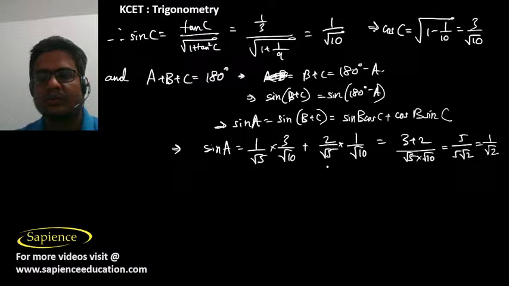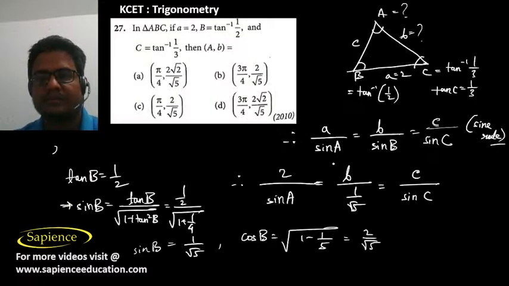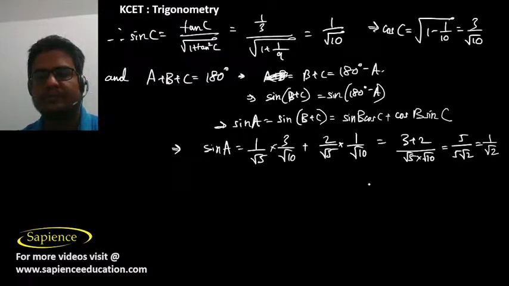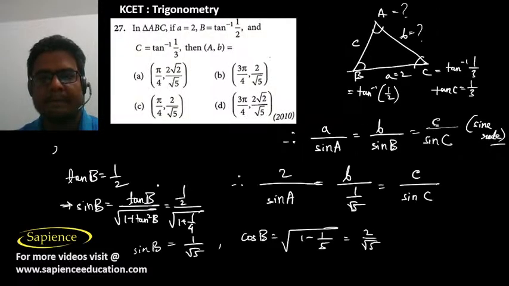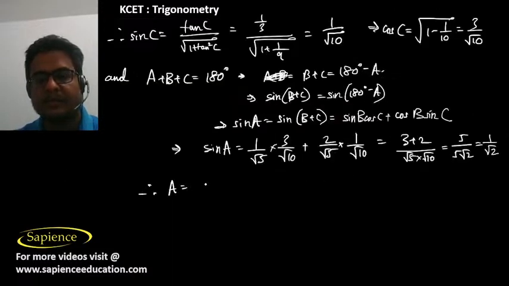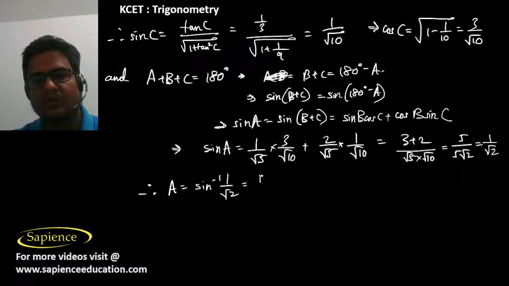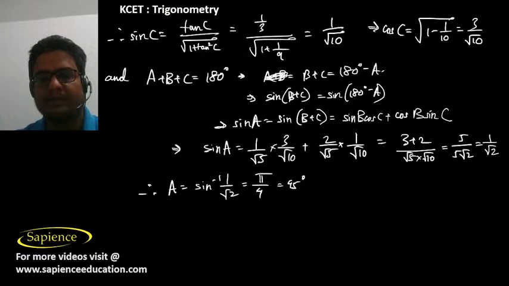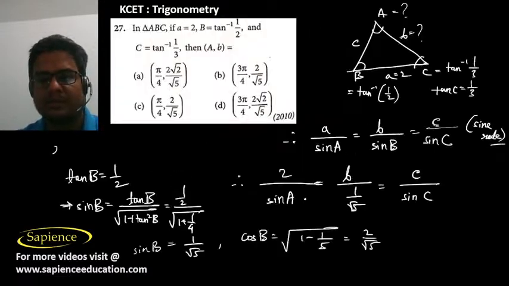So sine A is equal to 1 by root 2. Therefore angle A is sine inverse 1 by root 2, that is equal to pi by 4, which is 45 degrees. And B we have to find.